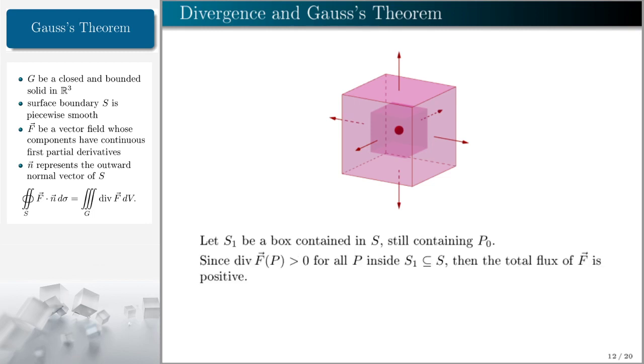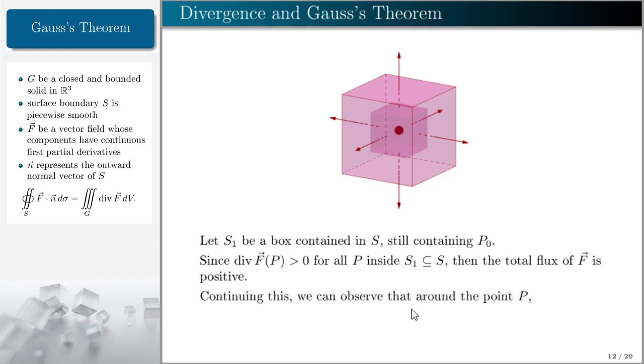Now, since every point in S will have positive divergence, S1 being a subset of S means every single point in S1 will have positive divergence as well, because it is just inside S. That means the total flux of F over the surface S1 will be positive, and thus, again, the vector field F will radiate outward on the surfaces of S1.